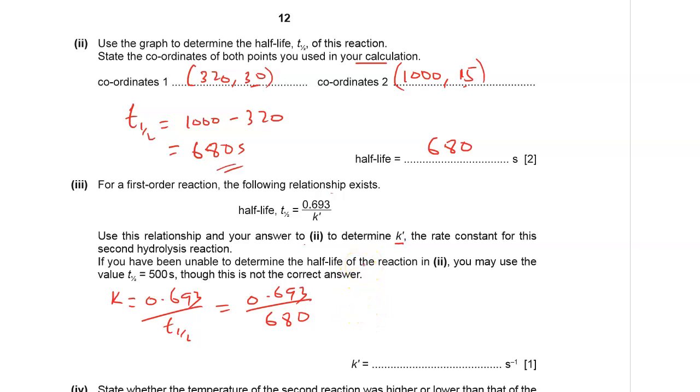When you do that, what is the answer? 0.693 divided by 680, you get the value of k to be 0.001019. Okay, so this is the value of k, which is 0.001 to 3 decimal places, per second.